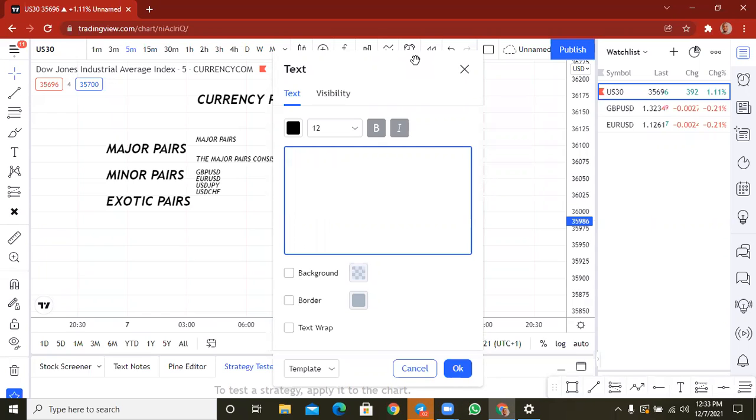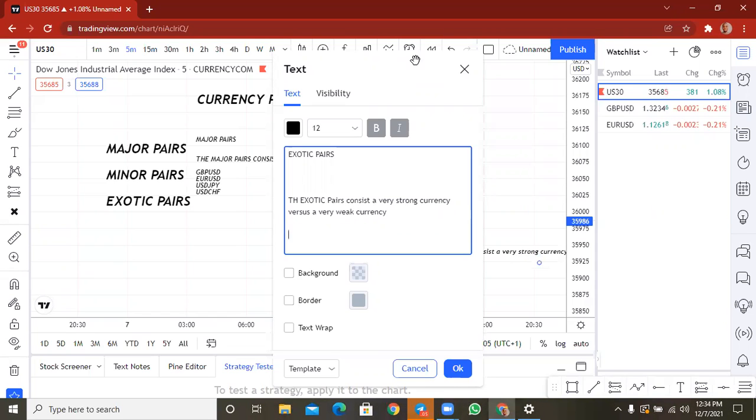Exotic. The exotic pairs consist of a very strong currency versus a very weak currency.